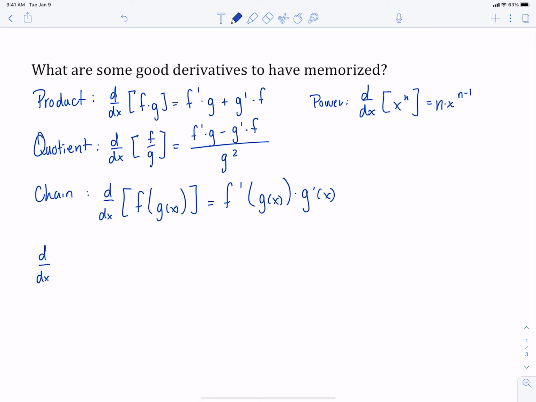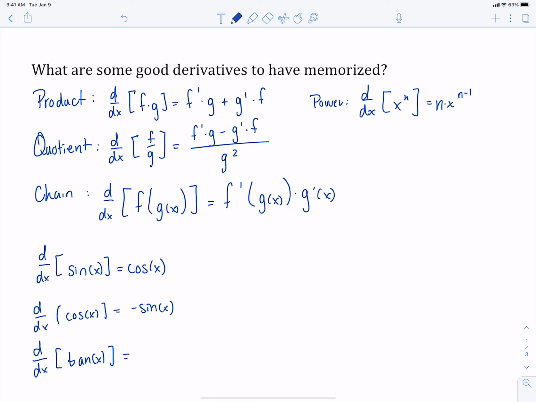In terms of trig functions, I always say it's good to remember sine, cosine, and tangent. But even if you don't remember tangent, you can find it if you know the derivative of sine and cosine, and you can use the quotient rule. You can use this as sine over cosine, and you can get that.